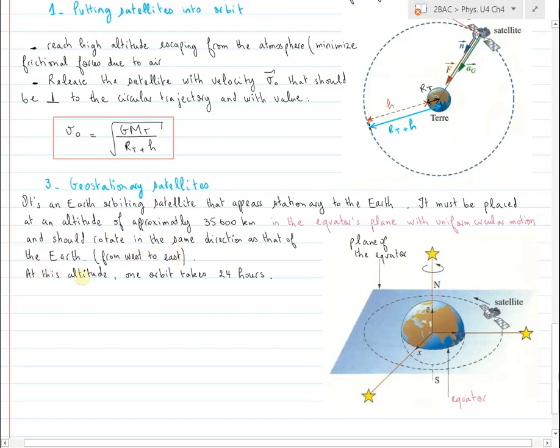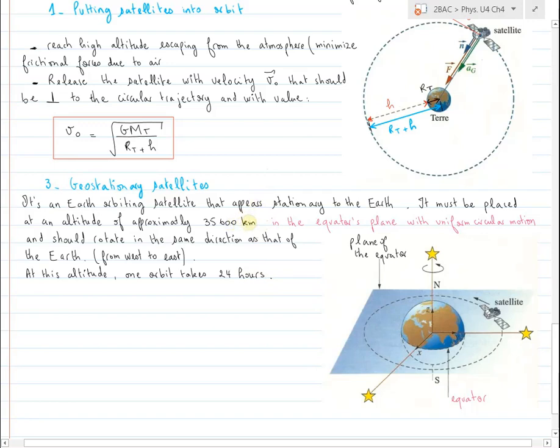At this altitude, one orbit takes 24 hours. If the satellite is to appear stationary on the Earth, its orbital period should be equal to 24 hours, which is the time taken by the Earth to revolve around itself once.